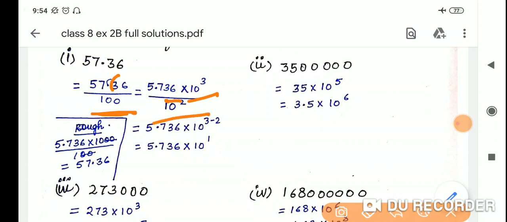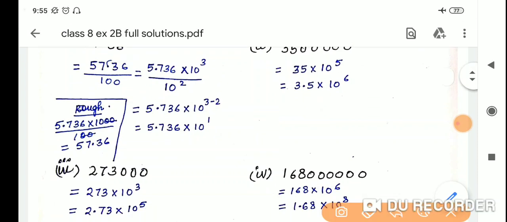The bases are same, and it is division, so in division the powers are subtracted. So 5.736 multiplied by 10 raised to the power 3 minus 2.